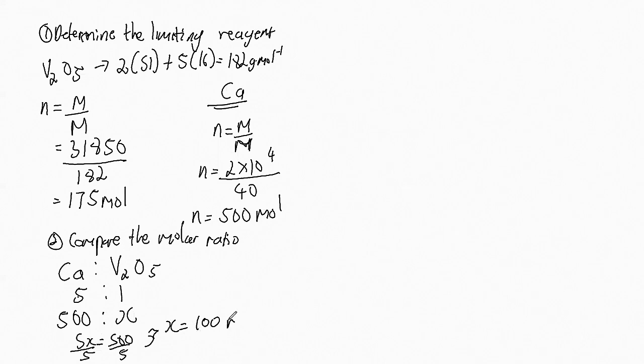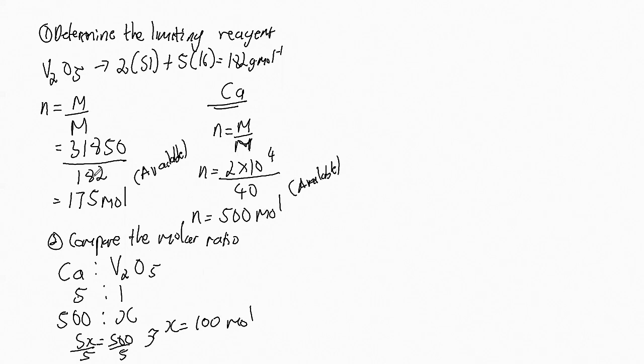But then what is the meaning of this? The meaning of this is that we only require 100 mole of the vanadium pentoxide to react with all of the calcium that is available. Note that the ones that I calculated here are the available number of moles. So this is what we have available of both the reactants. Now in order to react all of this 500 mole, we only need 100 mole.